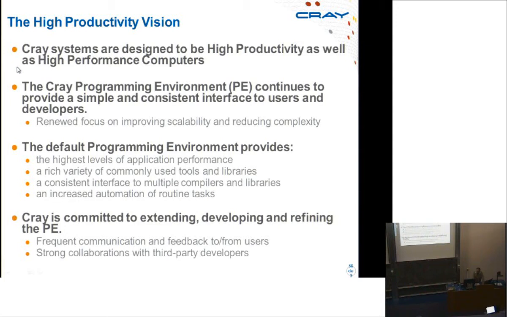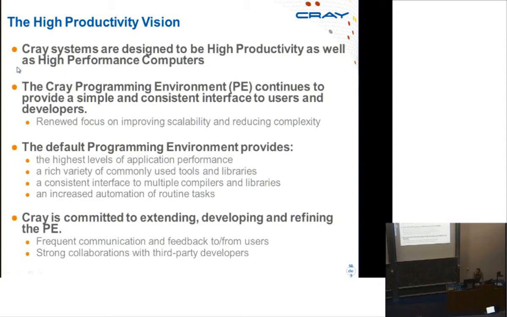So the default programming environment should provide you with the highest levels of application performance, a rich variety of the common tools and libraries that you already use, but also a consistent interface to these tools, libraries, and compilers, and hopefully do a lot of the automated or routine work that other systems might not let you do.